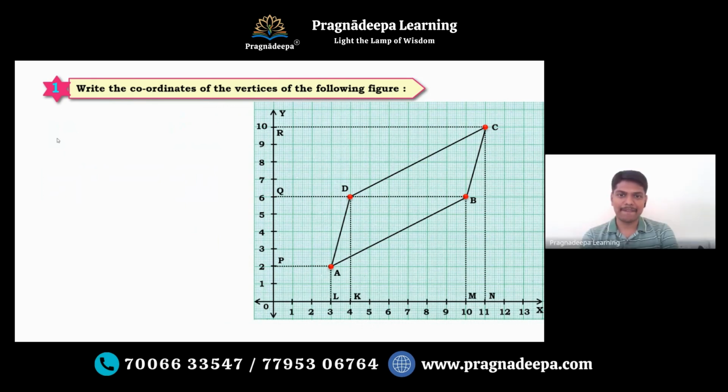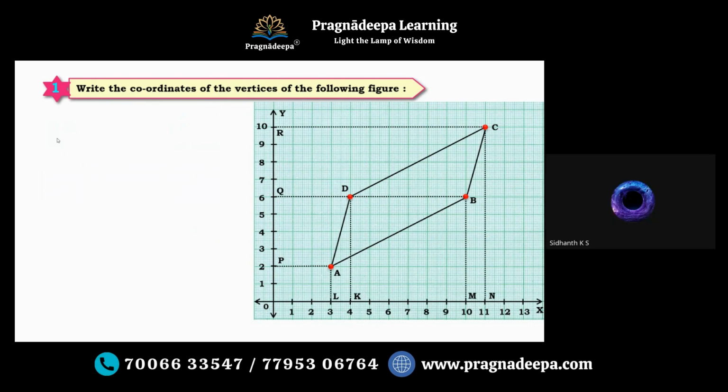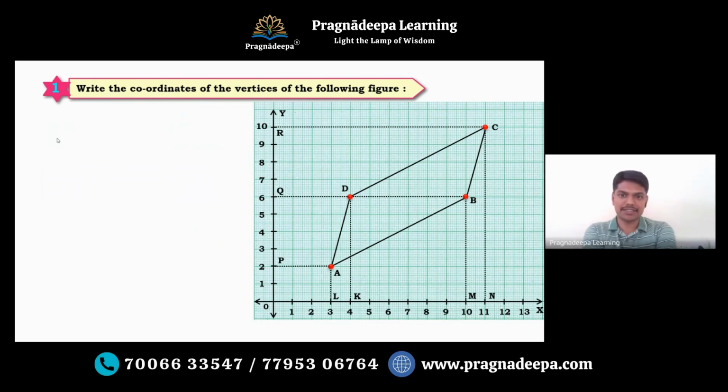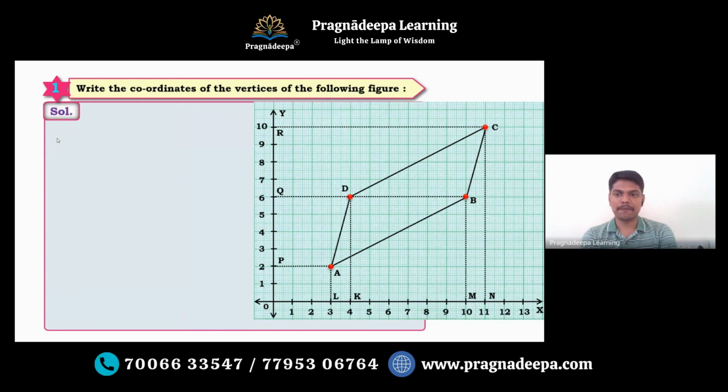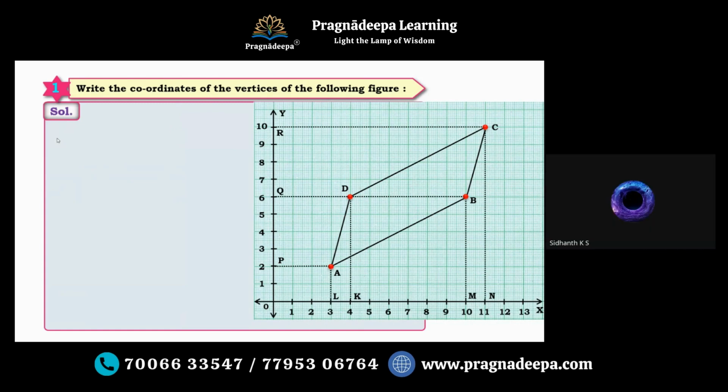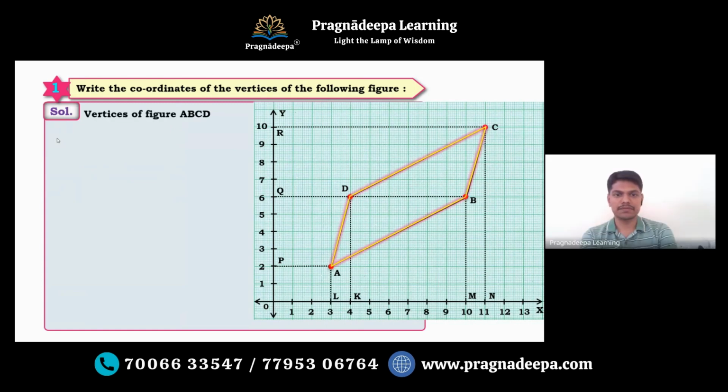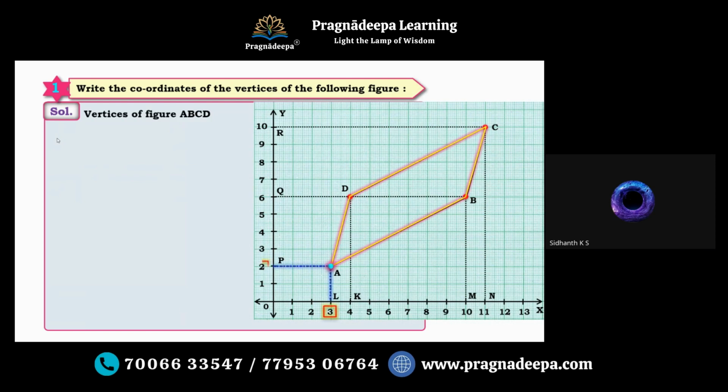C. Sir, that will be 11, 10. K. Sir, K will be 4, 0. P. Sir, P will be 0, 2. B. Sir, B will be 10, 6. Q. Sir, Q will be 0, 6.